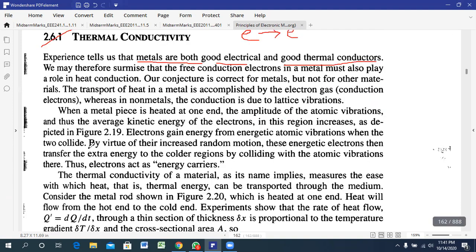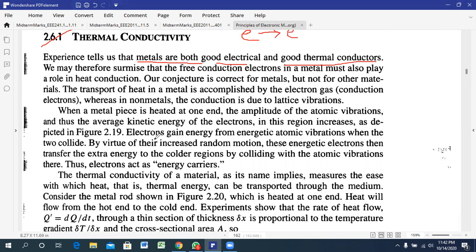So when a piece of metal is heated at one end, the amplitude of the atomic vibrations, and thus the average kinetic energy of the electrons in this region, increases. That means whenever we heat one end of a metal, the amplitude of the atomic vibration increases and the average kinetic energy of the electrons increases.